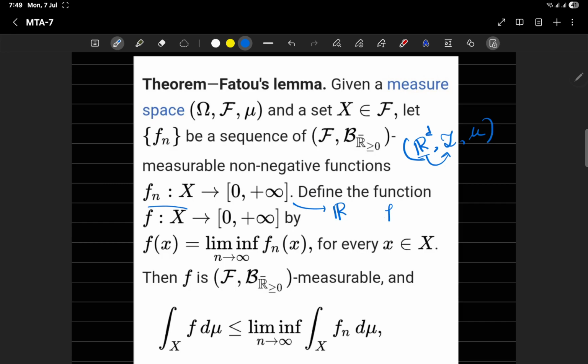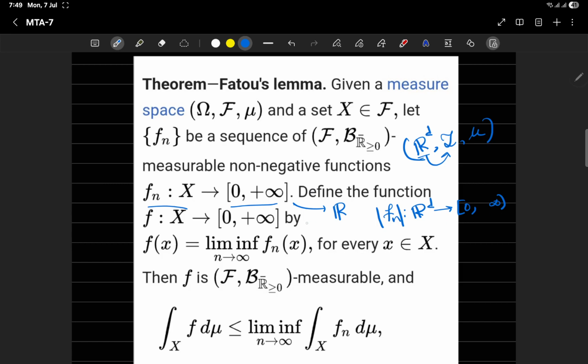So this is important, our Fn's are from Rd to R, but we need 0 to infinity, so why not we take the mod? If we take the mod, this becomes 0 to plus infinity. Of course it can take plus infinity, but it will not, because we know their supremum is finite. But whatever, this is also fine.